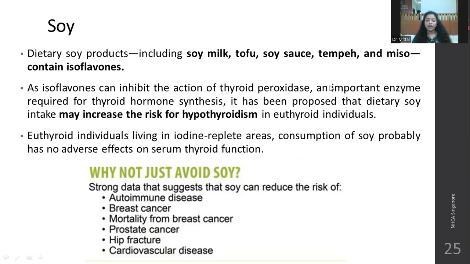That is the reason why soy cannot be taken off the market just because of an association. Again, I'm repeating the statement: association is not causation. Excessive consumption of soy is associated with hypothyroidism, but soy is not the cause of hypothyroidism. Association is not causation.